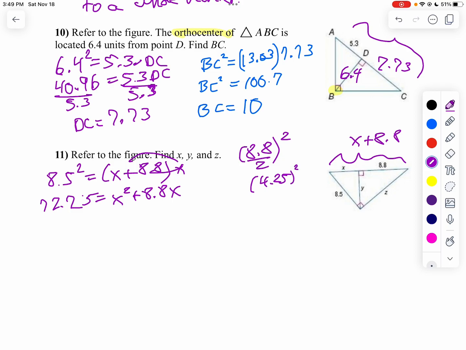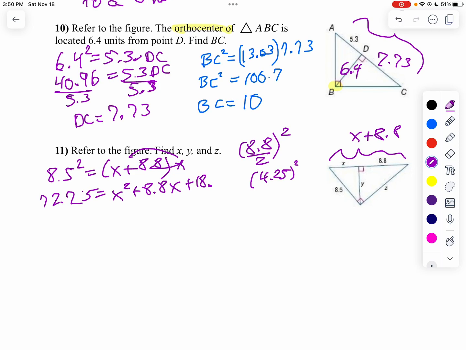And 4.4 squared is about 18.0625, we'll say. And I'll add that to both sides. So if I add that to 72.25, I'll get 90.3125.